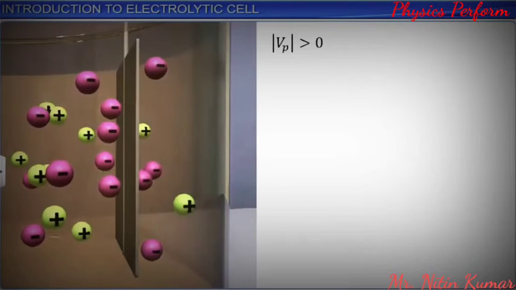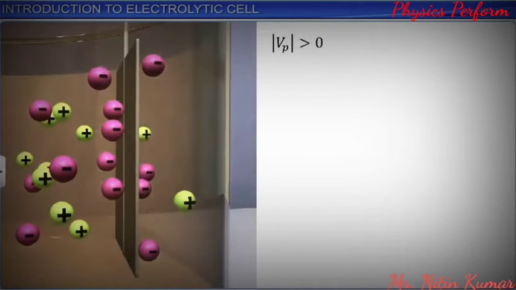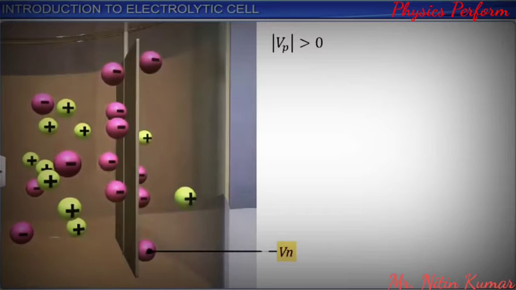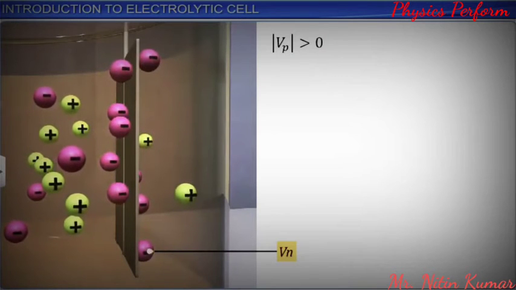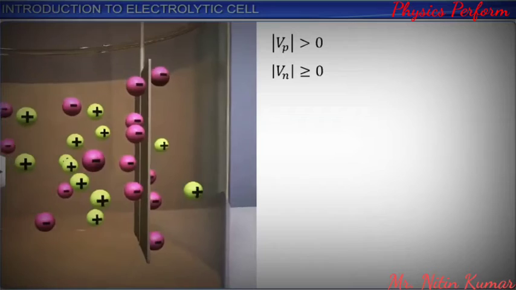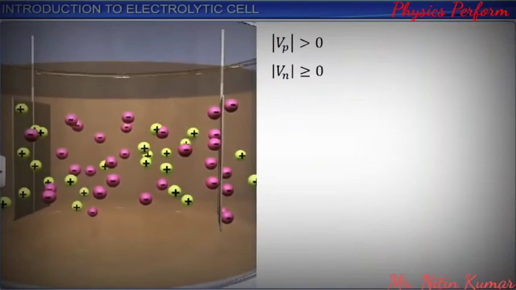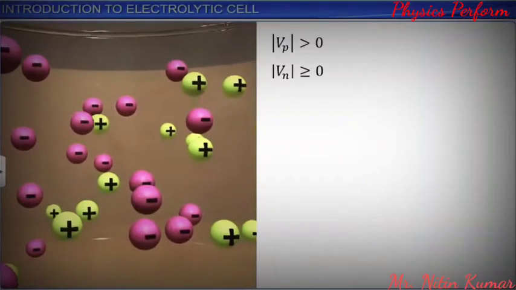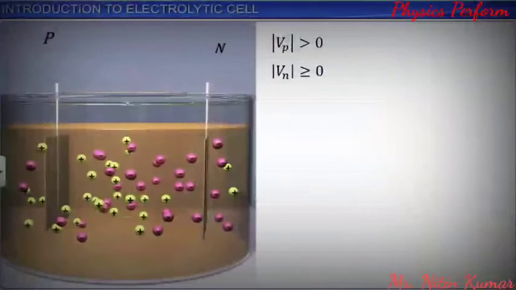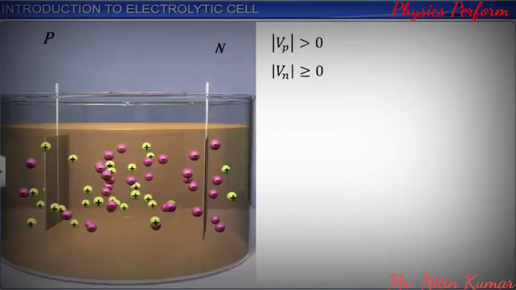Due to the exchange of charges, the negative electrode N acquires a negative potential Vn relative to the electrolyte adjacent to it. The magnitude of Vn is equal to or greater than 0. When there is no current, the potential throughout the electrolyte is the same.